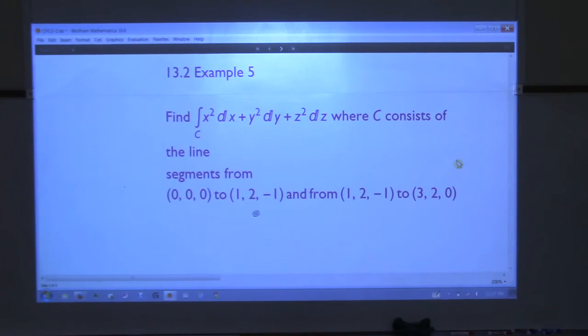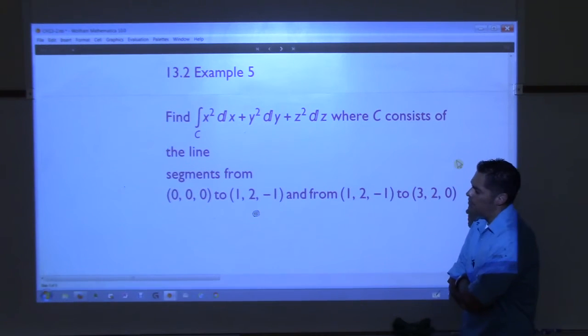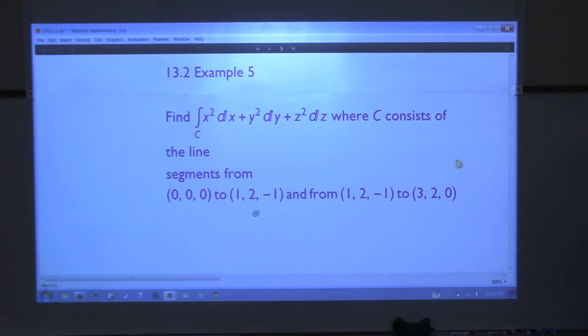Okay, we only have 3 minutes. Let's see if we can come up in the next 2 minutes with the C here.